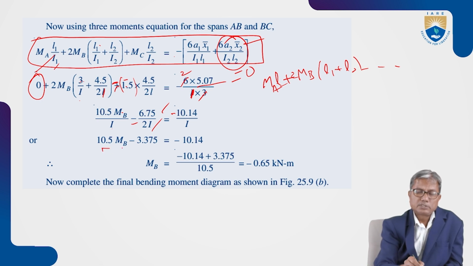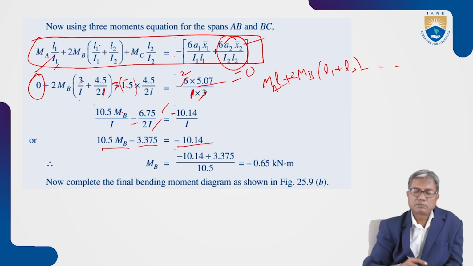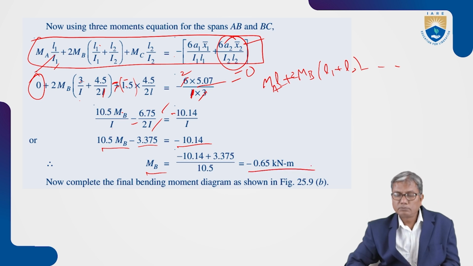So 10.5 MB minus 3.375 equals minus 10.14. So MB is equal to minus 0.65 kilonewton meters. That is the final bending moment at B.